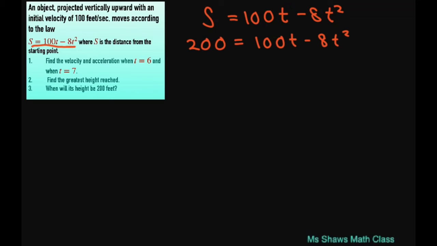So you move everything over to the left-hand side of the equation, and you get t squared minus 12.5t plus 25 equals 0. I divided everything by 8.